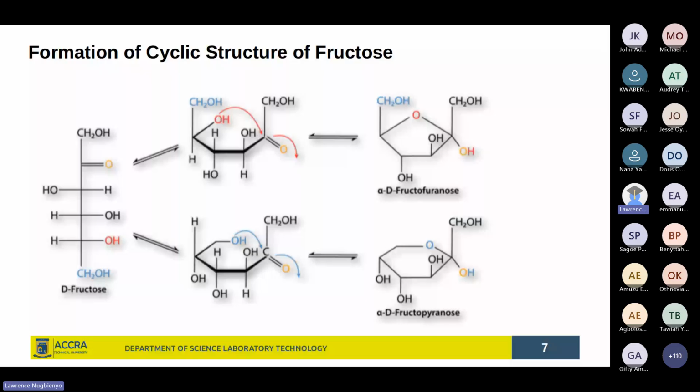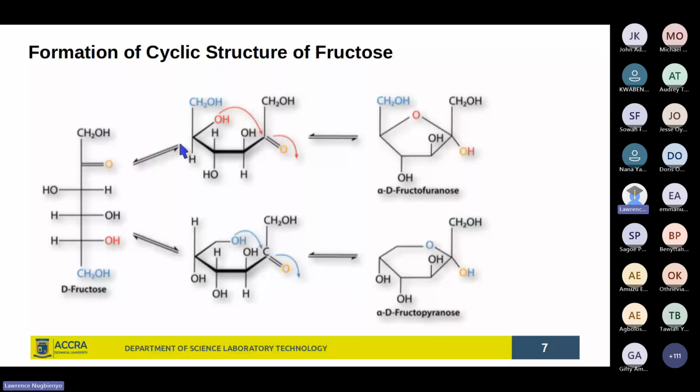What I was saying was that in the same way as you saw the aldehyde group in aldoses interacting with a hydroxyl group on another carbon, just like we saw the reaction of an alcohol and a ketone to form a hemiketal, you can have the hydroxyl group, which is red, interacting with the ketone group in the yellow color.